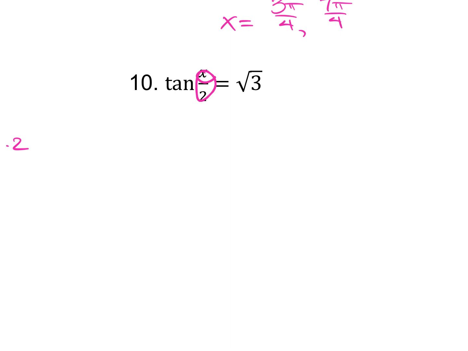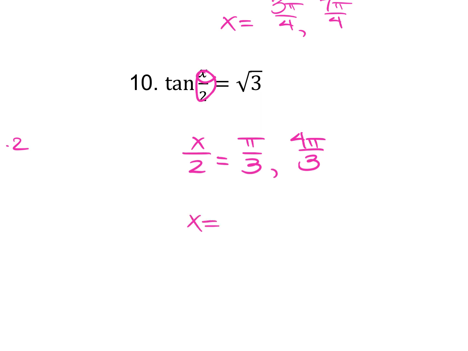Where does tangent equal root 3? Pi over 3, and again, where? 4 pi over 3. First quadrant and third quadrant. Remember, these are our answers for x over 2. What do I then do with that 2? Multiply.